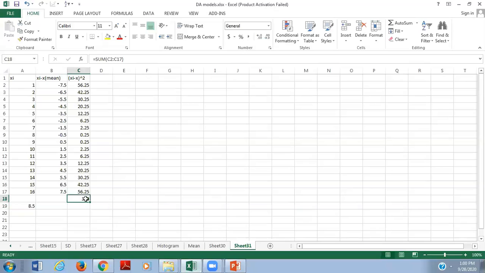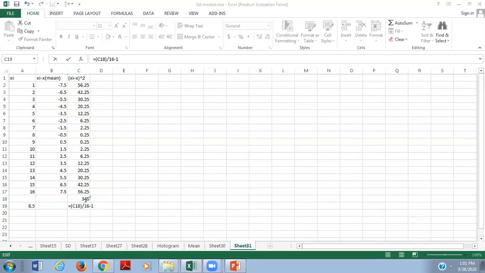It was 340. Now what we have to do? We have to minus this value, equal to sign this value. Then we have to divide it. Number n is 16 minus 1, right? So just see it very carefully.